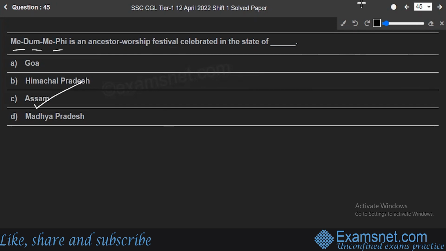The Ahoms celebrate this festival in a common place to worship their ancestors on 31st January every year with all the traditional costumes and fanfare. It is the most important ancestor worship communal festival in this region celebrated by the Ahom people. So Assam is the answer. Option C is the answer.